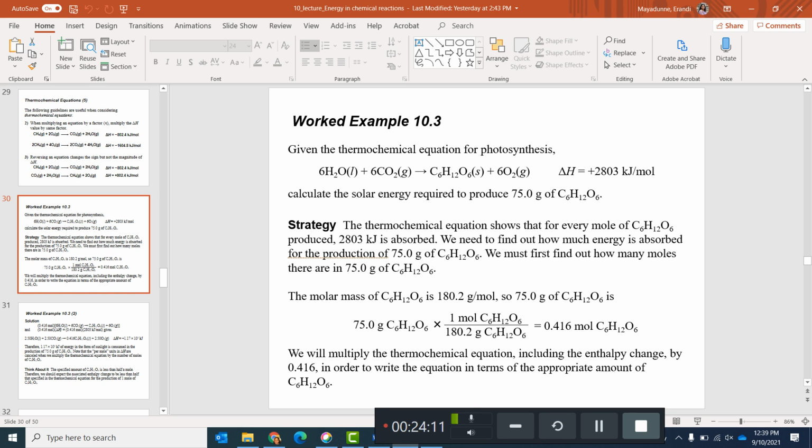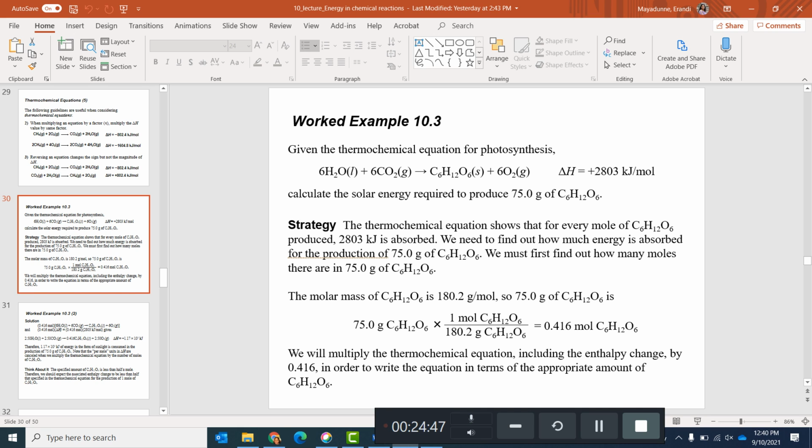But now I don't have 1 mole because I know 1 mole of glucose is 180 grams. How do I know 1 mole of glucose is 180 grams? Think about the molar mass. Molar mass of glucose is 180. C6H12O6: 12, the mass of carbon, times 6, plus 1 times 12, plus 16, the mass of oxygen, times 6. And then I get, okay, it's 180.